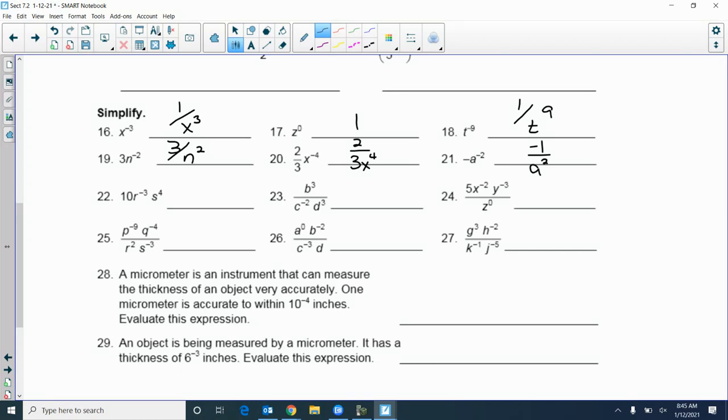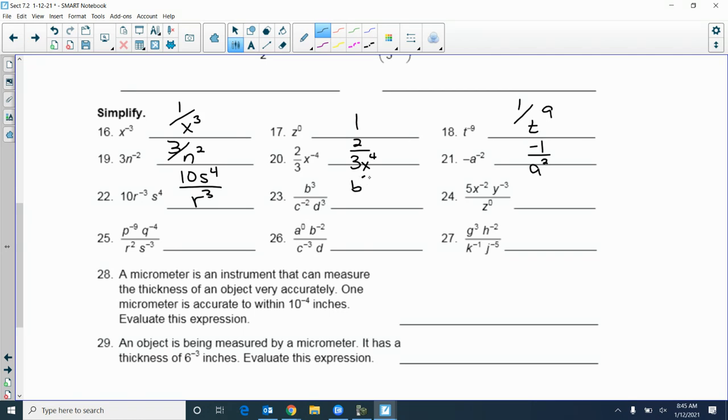You're allowed to have a negative number. You're right. Oh. This negative does not move. It stays with the 1. A to the -2nd goes down below. It's a squared. All right. Rachel, how about 22? I had 10 x to the 4th over r to the 3rd. Good. Brett, how about 23?